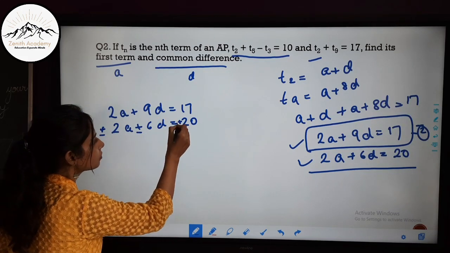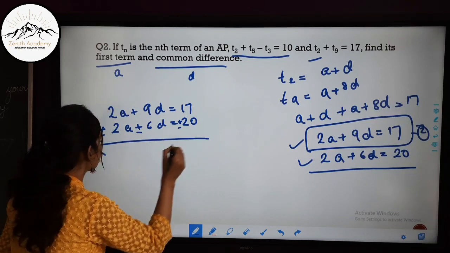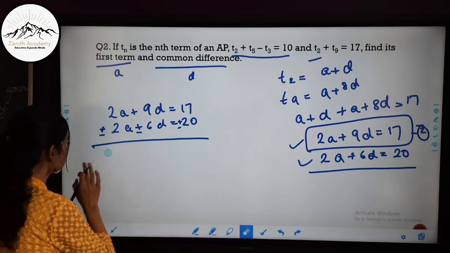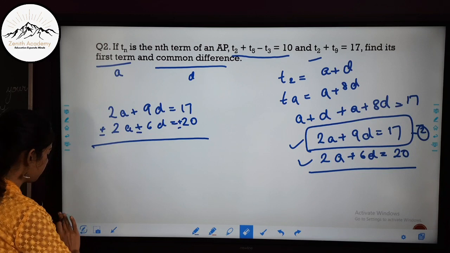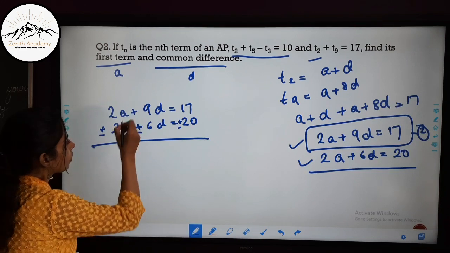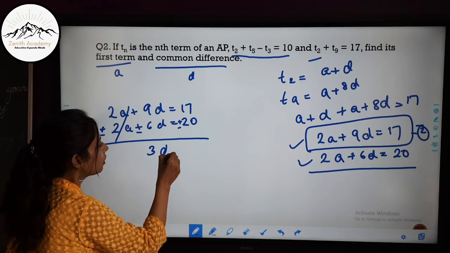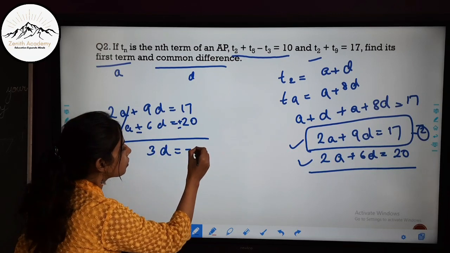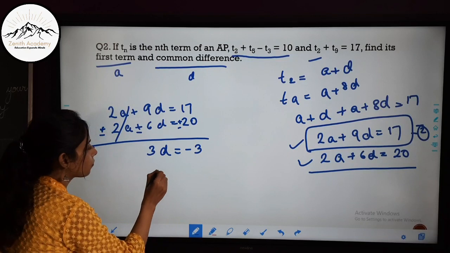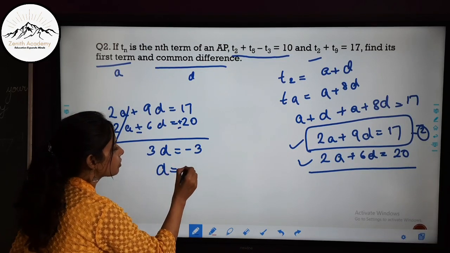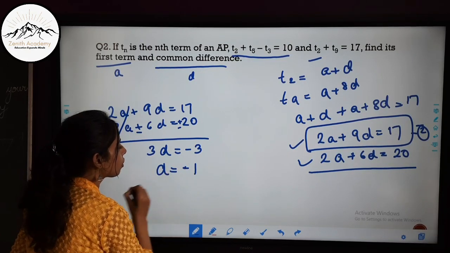We'll change the signs here. We'll get 9 minus 6 is equal to 3D. 17 minus 20 will give us minus 3. This will give us D is equal to minus 1.